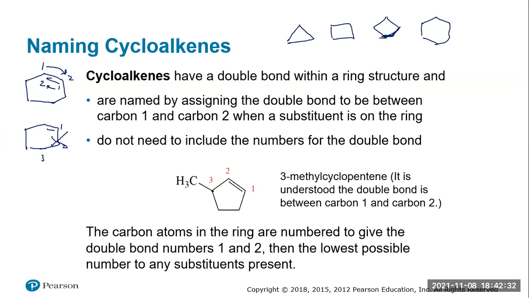So if we look at this guy here, that is 1, 2, 3, 4, 5 carbons in a ring structure, is cyclopentene, ENE, because of the double bond that's here. Now, to number the group that's there, which is our methyl group, we have two options.